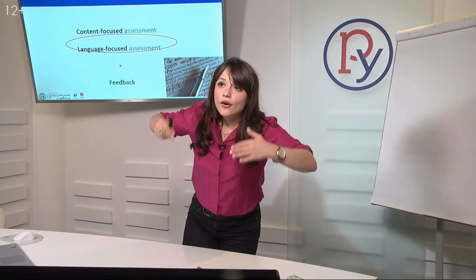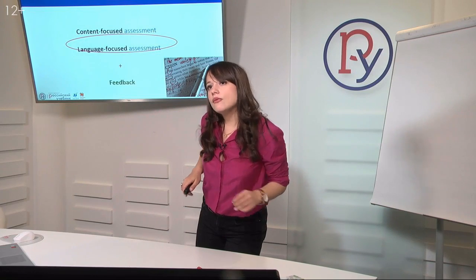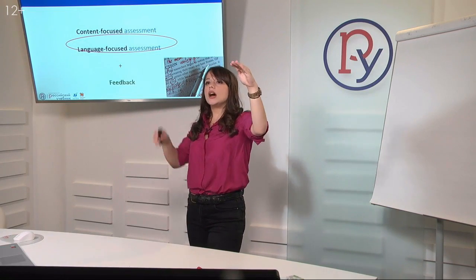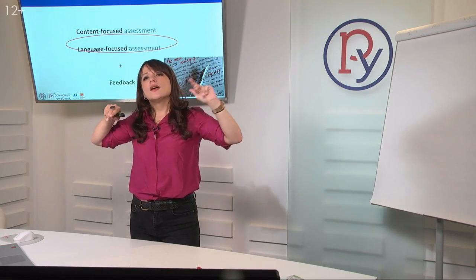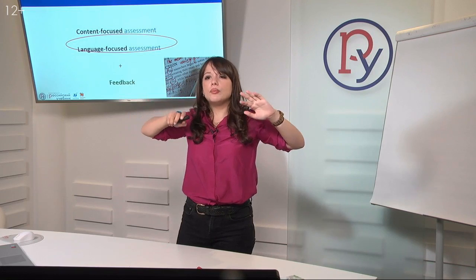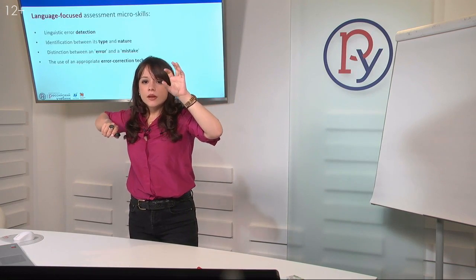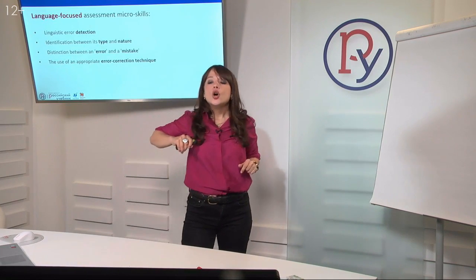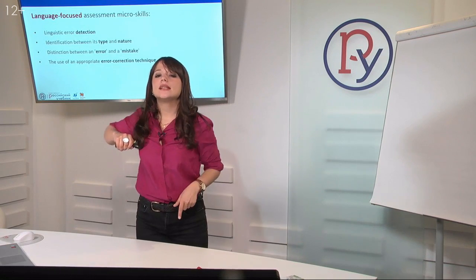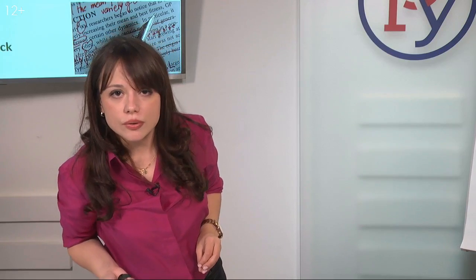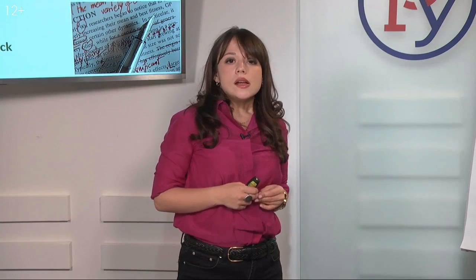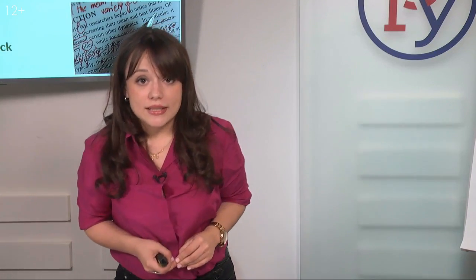We'll start off with reading it probably, right? And then what are the steps? So first we read and then we probably find a mistake, so linguistic error detection, right? We find a mistake. Once we found a mistake, what do we do? We need to correct it, right?